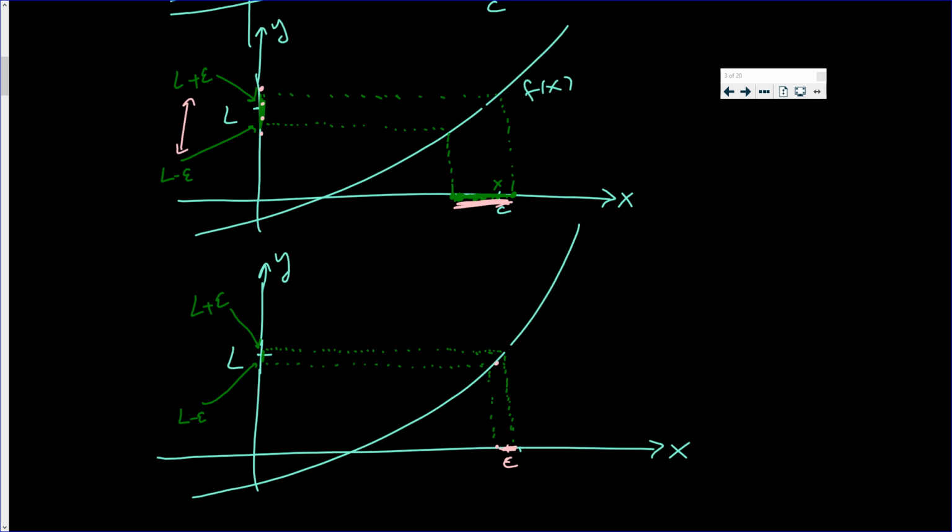So now I know that f of any point in here, like that point, will go there. Anything in here, f of anything in here will be in this really small neighborhood of L.